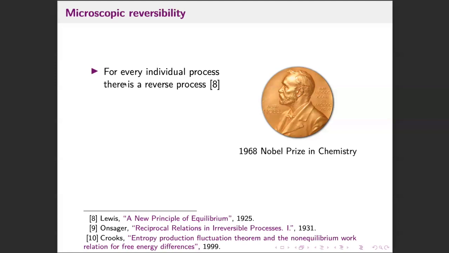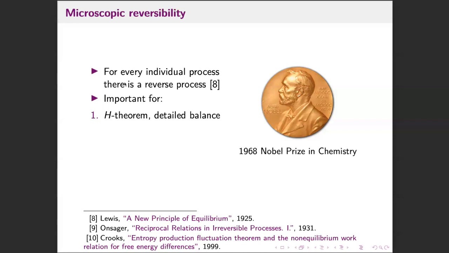So microscopic reversibility is something that has been crucial throughout the history of statistical physics. The way you could summarize it is as saying that for every individual process, there is a reverse process. It has been important for the H theorem to prove that in a simple way.